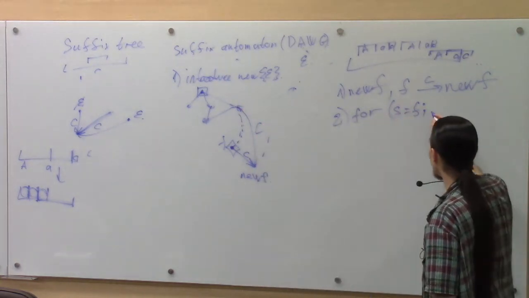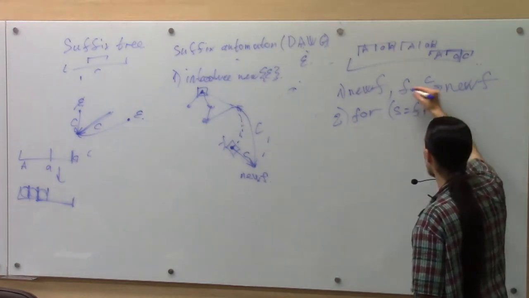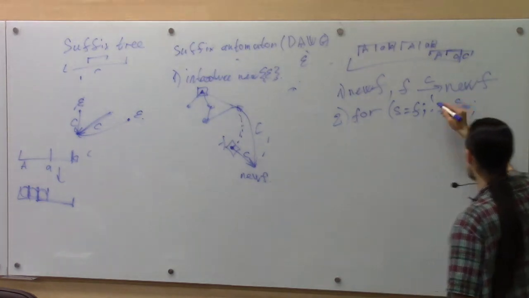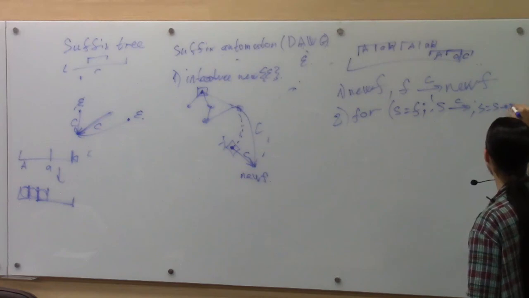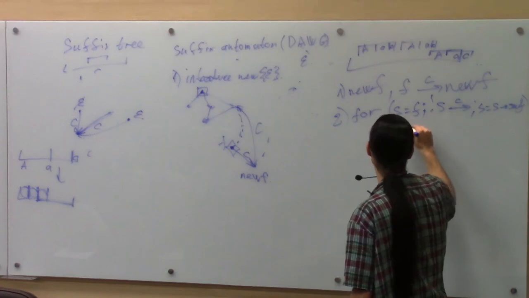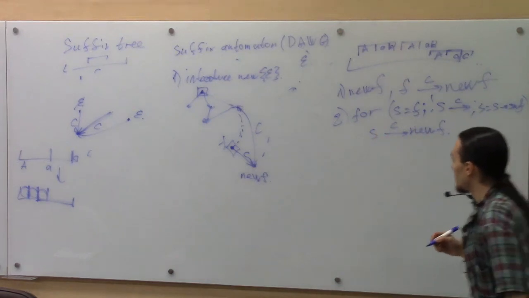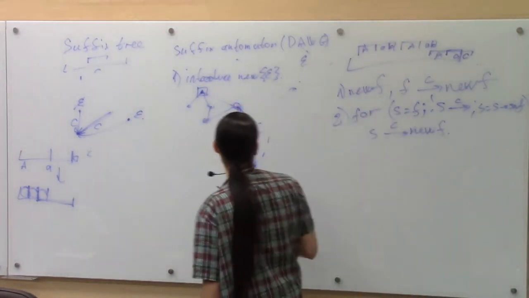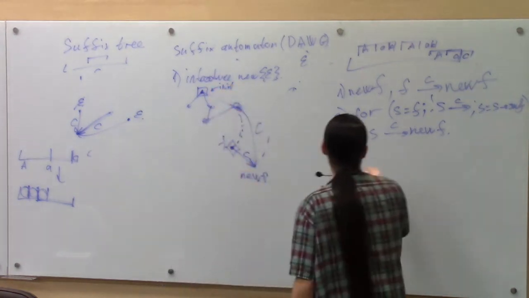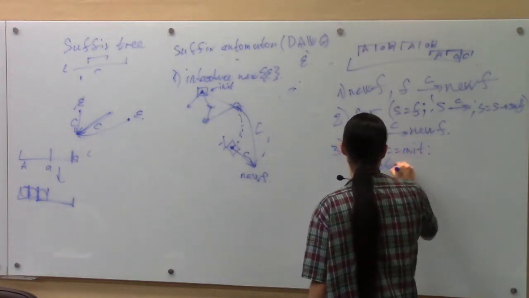This happens while there is no edge that goes from S using C, and then we go to the suffix link, and we want to add an edge from S to UF that uses C. After that, either S is init, the initial state, in which case we are done, just return.